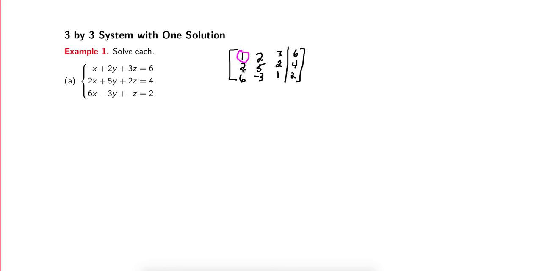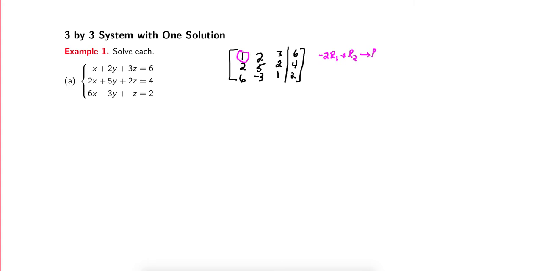So now we want to get the values below that 1 equal to 0. And for the second row, we're going to take the opposite of 2, which is negative 2, and multiply row number 1 by negative 2, and then add it to row number 2. So negative 2 times row number 1 plus row 2 is going to be our new row number 2.